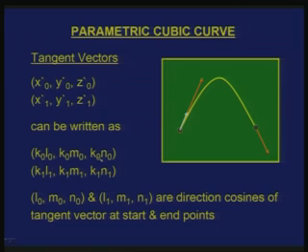Is it possible to define a curve where I give, let us say, a start point and the end point and only the direction cosines, without giving the magnitude or the tangent vector? I have a small difficulty there, because whenever direction cosines are given, they are not independent, they are related.